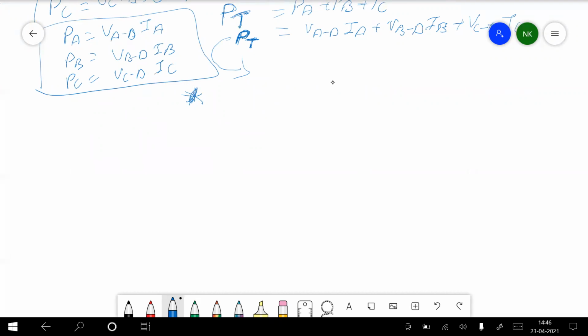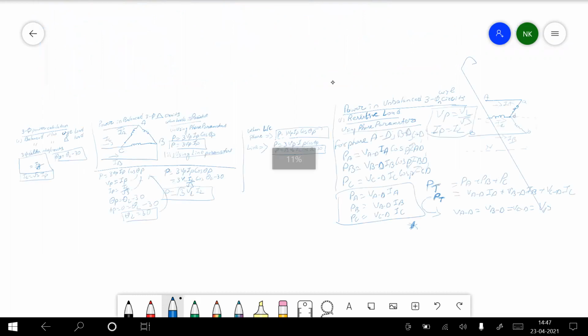There is no difference in the phase voltage values. So that condition would arise where VAD equals VBD if magnitudes of voltages are the same, and VCD equals VP, that is your phase voltage.